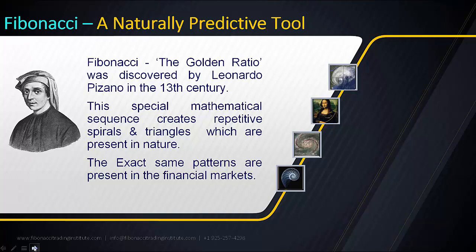These exact same patterns are present in financial markets. These exact same patterns play out on any instrument, any time frame, any platform you choose to trade. So, here's a couple of examples from the markets recently.